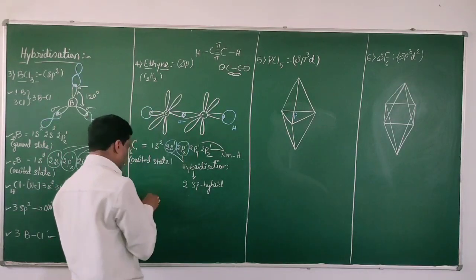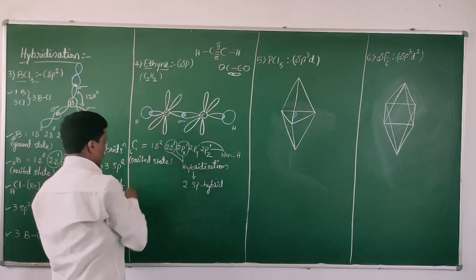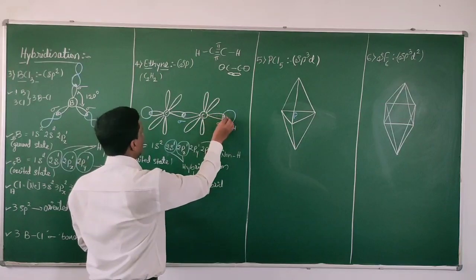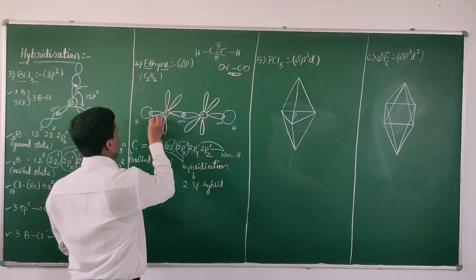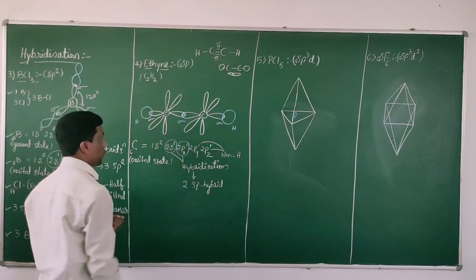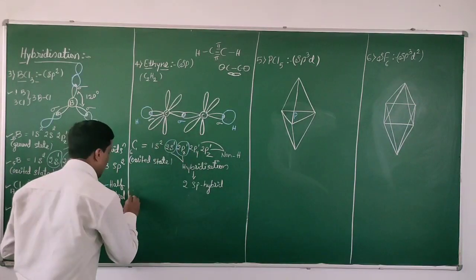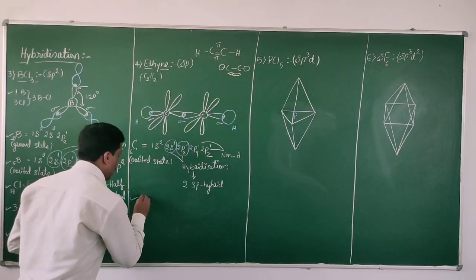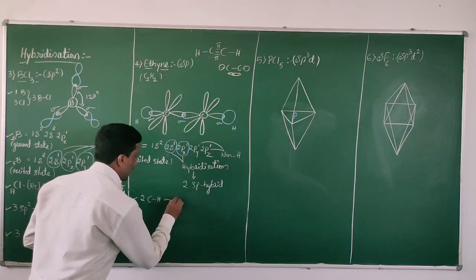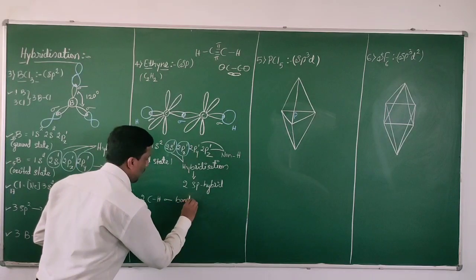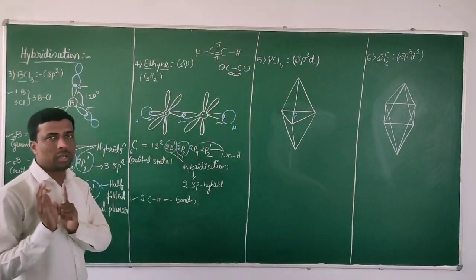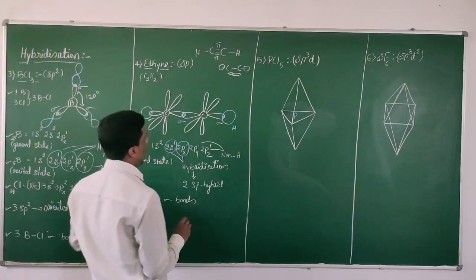Axial overlapping means what? It is the formation of sigma bond between carbon and hydrogen. ಈ ಕಾರ್ಬನ್ ಮತ್ತು ಈ ಹೈಡ್ರೋಜನ್ ನಡುವೆ sigma bond formation ಆಗ್ತದೆ. It means in ethyne molecule there exist two carbon-hydrogen sigma bonds. ಅಲ್ಲಿ ಎರಡು ಕಾರ್ಬನ್ ಹೈಡ್ರೋಜನ್ ಸಿಗ್ಮಾ ಬಾಂಡ್ಗಳು ಫಾರ್ಮೇಷನ್ ಆಯಿತು.